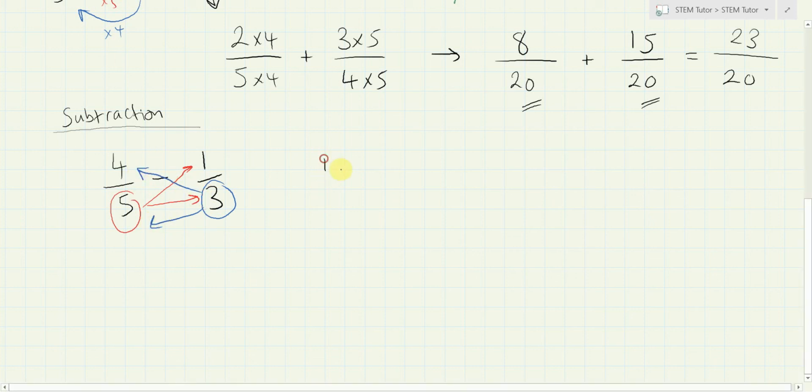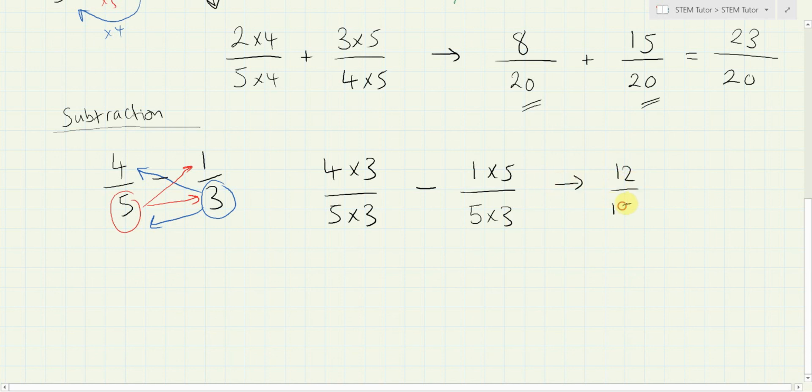So that will leave us with 4 multiplied by 3 over 5 multiplied by 3, subtract 1 times 5 over 5 times 3. So that will give us 12 over 15 minus 5 over 15.